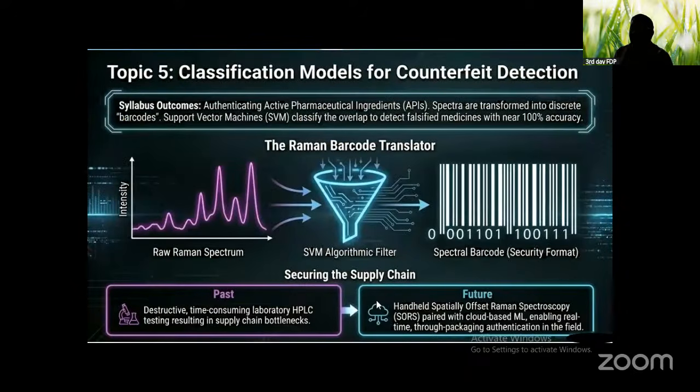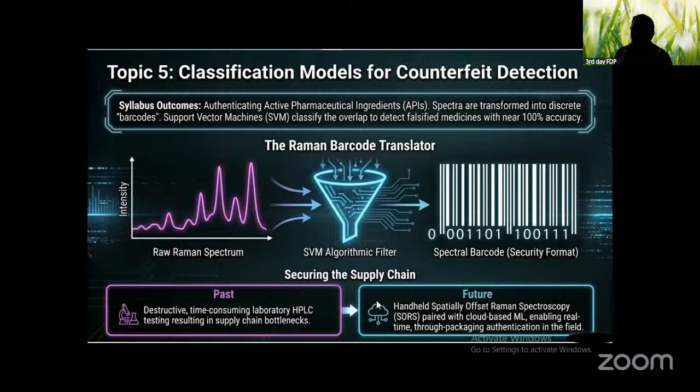Then coming to the fifth topic in the syllabus, classification models for genuine versus counterfeit detection. The software used today is the Raman barcode translator, where we are able to predict whether the given sample is pure or not, either API or formulation.